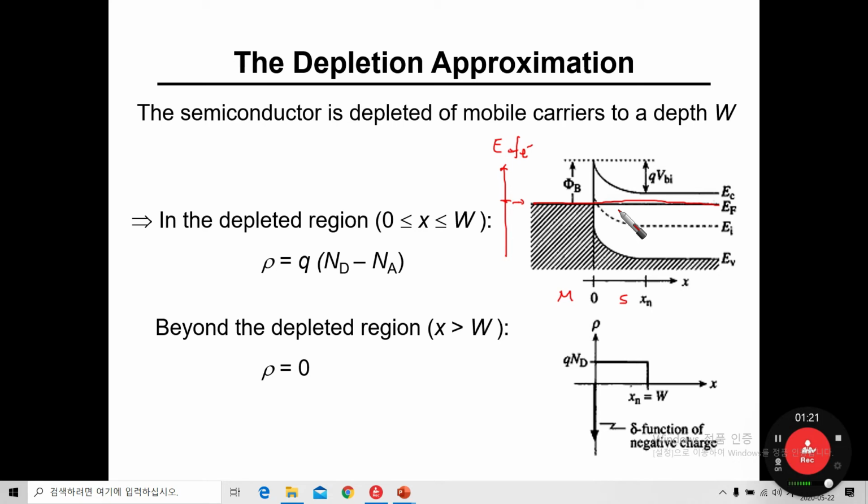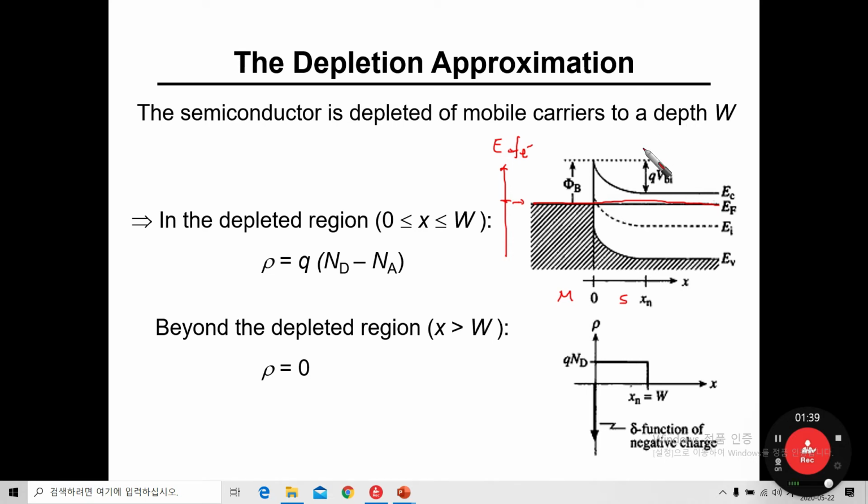While we were developing and understanding how to draw the energy band diagram of MS contact, we put our eyes on the band bending at the interface of MS contact.